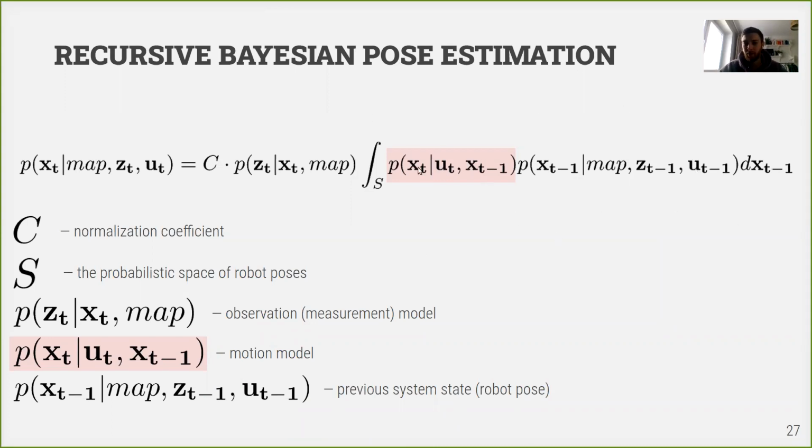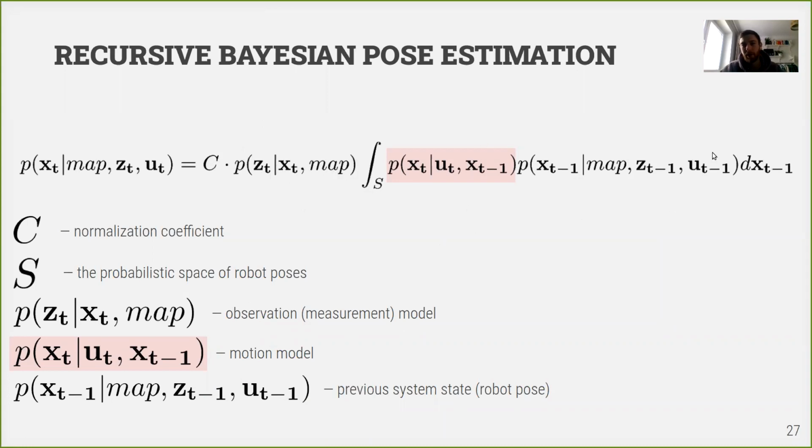So this first part before the integral is our prediction of where we moved with our robot in the previous time interval. And then in the next lecture, we will discuss how to correct it with the sensor readings and using the observation or measurement model.